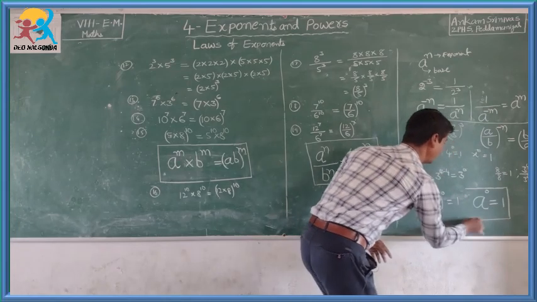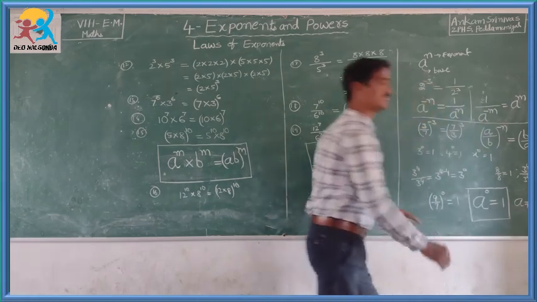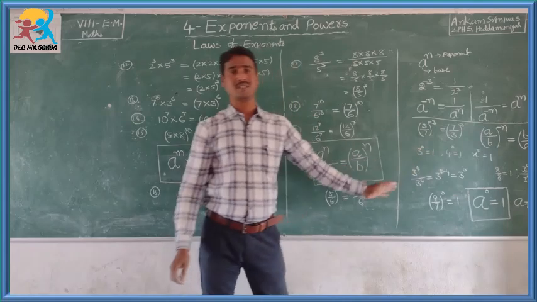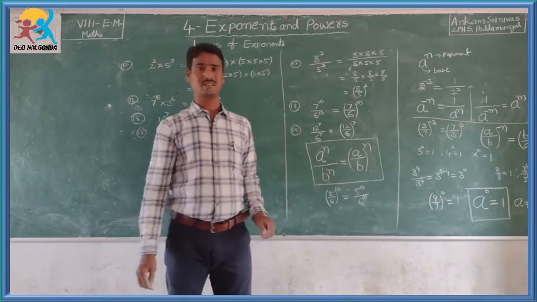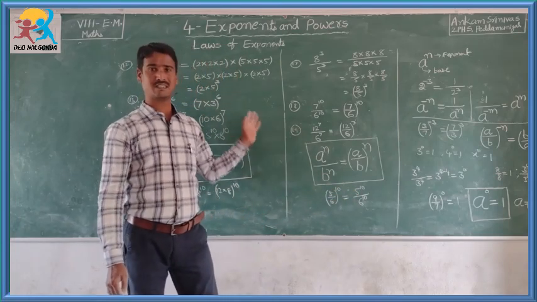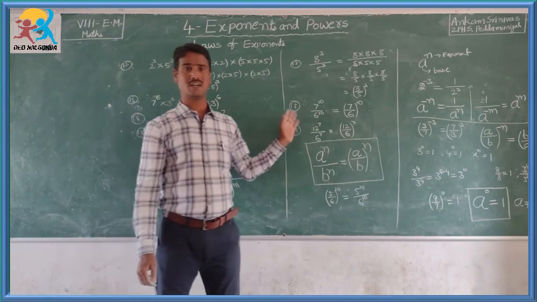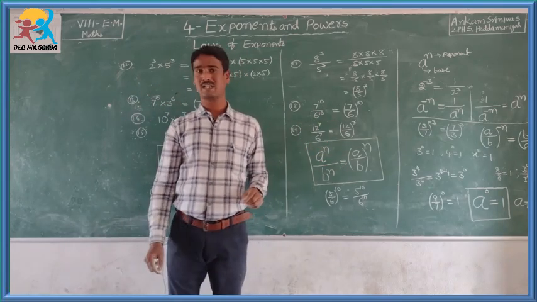This is the final result, especially a not equal to 0. So non-zero numbers with exponent 0, then that value is 1. Dear children, depending on these formulas, these laws of exponents, we are going to discuss in the next classes. Thank you very much.